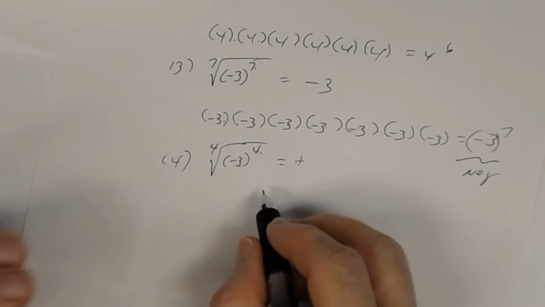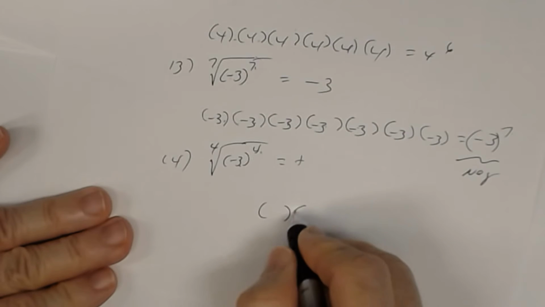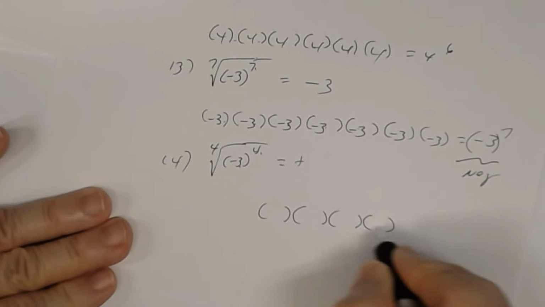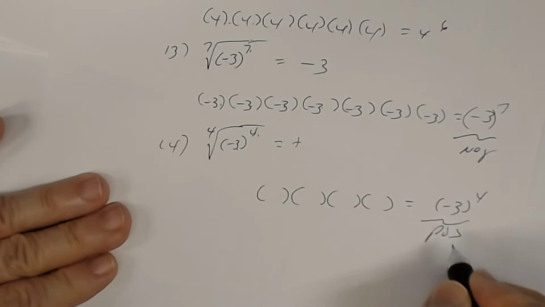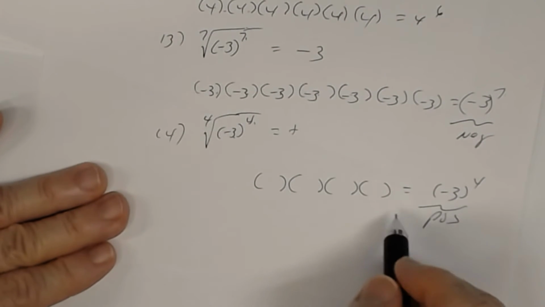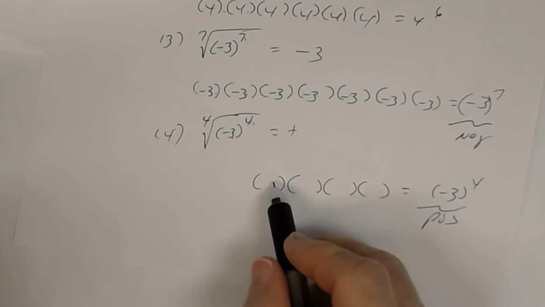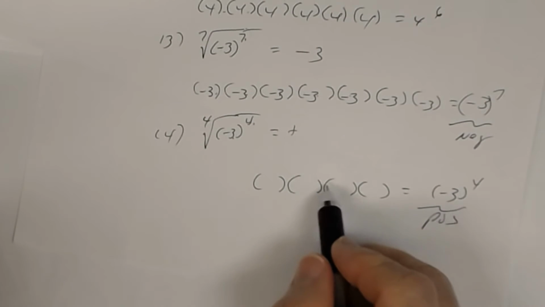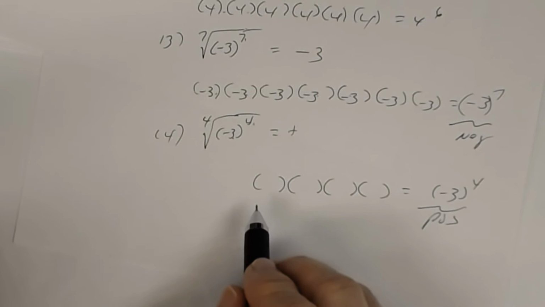Well, let's think about this. Remember, this right here means what times itself 4 times is negative 3 to the 4th. Well, that's going to be positive, right? So you know that you can't put a negative 3 in here. Because if you put a negative 3 in here, that means you have to put a negative 3 here.